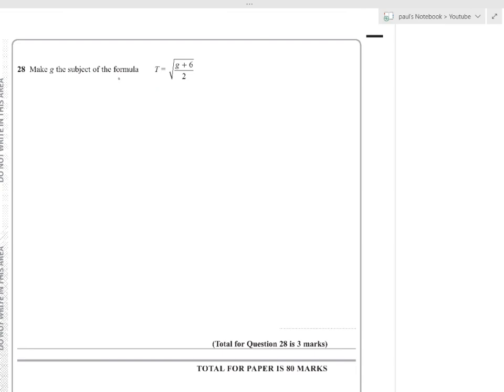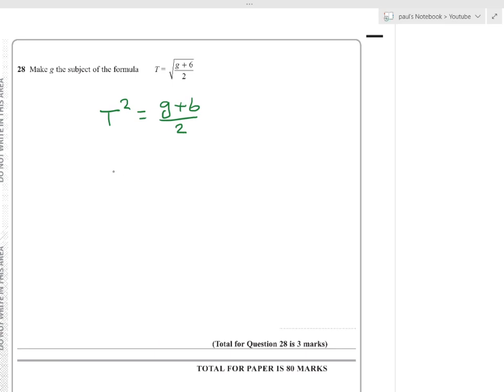The very last question. Make g the subject of the formula. So first of all, we'll get rid of that square root by squaring everything. So we get t squared equals (g plus 6) divided by 2. Now we're going to multiply everything by 2.